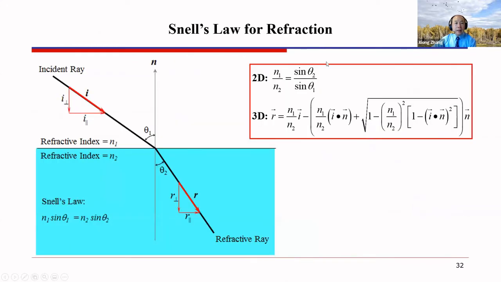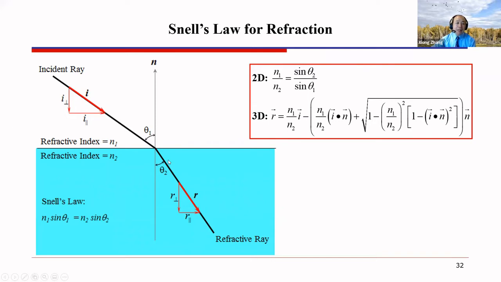We already learned this in high school. Snell's law is a theoretical equation to describe the refraction of light, right? You must be very familiar with this equation, which says the refractive index of the first optical medium over the refractive index of the second medium is equal to the sine of theta 2 over the sine of theta 1 here, right?